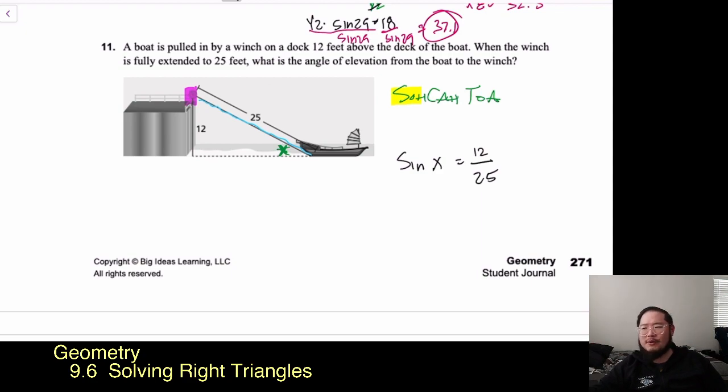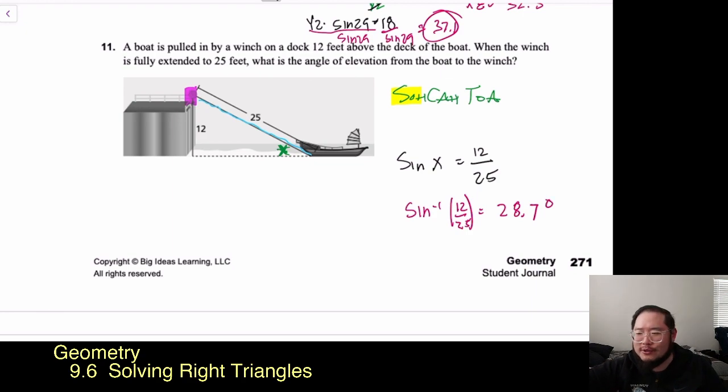That won't help me get my angle. Remember, we use the inverse sine right here, 12 over 25, and you plug that into your calculator. So after you go ahead and do that, I end up with 28.7 degrees. All right, and there you go.